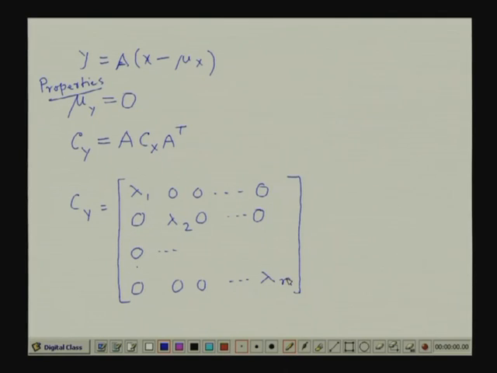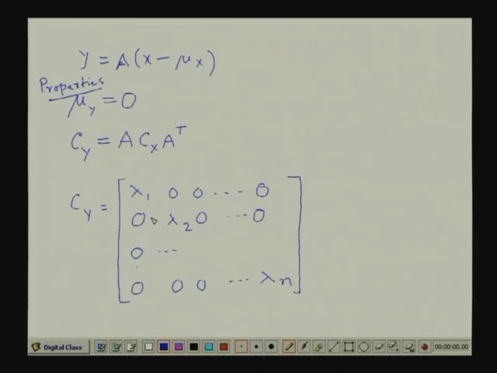And obviously, in this particular case, the eigenvalues of Cy are the same as the eigenvalues of Cx, which are nothing but lambda 1, lambda 2 up to lambda n, and it is also a fact that the eigenvectors of Cy will also be the same as the eigenvectors of Cx. And since the off-diagonal elements are always 0, the elements of the y vectors are uncorrelated.